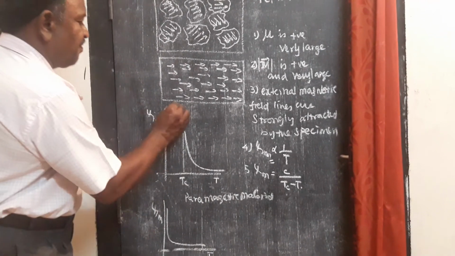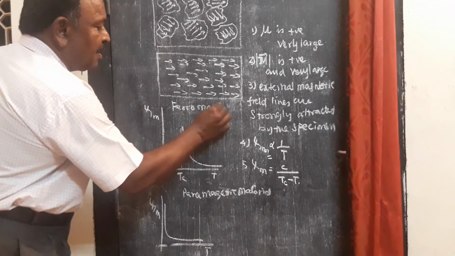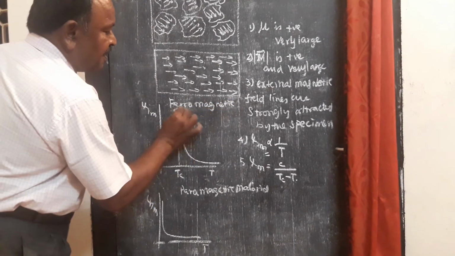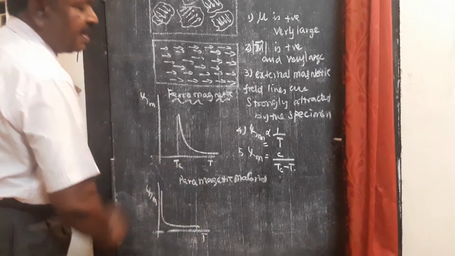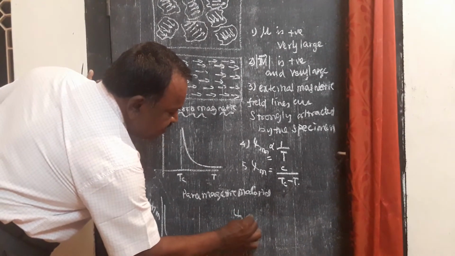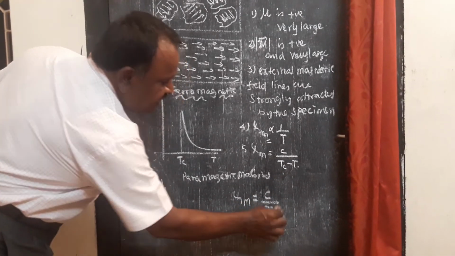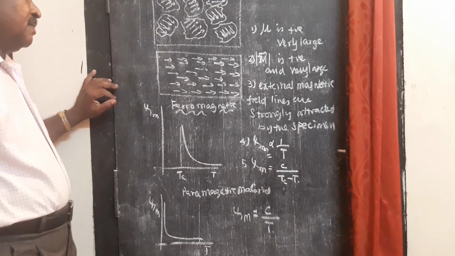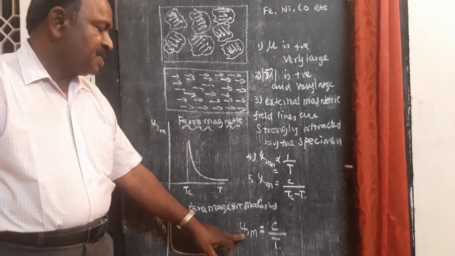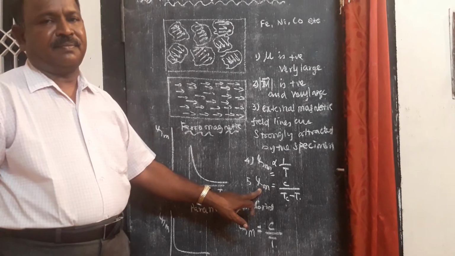This is for ferromagnetic material and this is for paramagnetic material. For paramagnetic material, chi m is given by chi m equals C by T. This is called Curie's law, and the other is called the Curie-Weiss law.